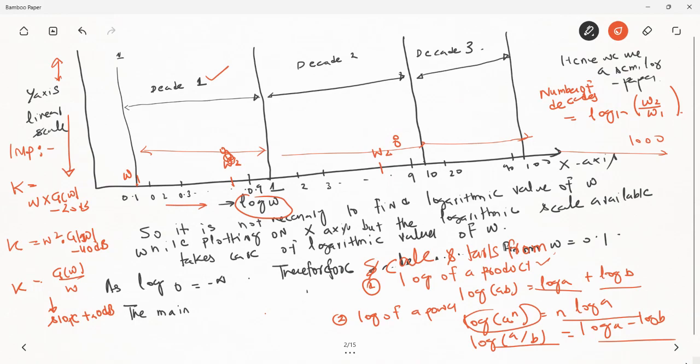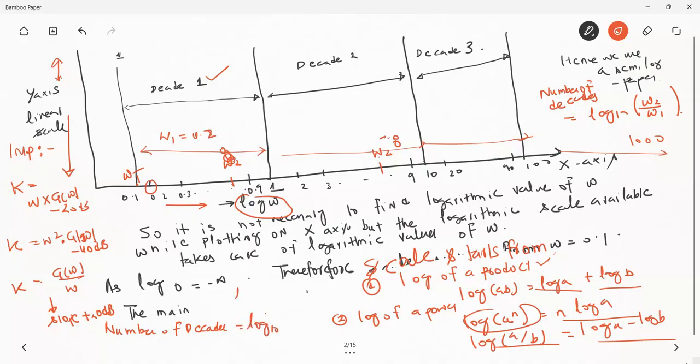But here one important formula you need to understand. For example, you have a frequency, let's say this frequency omega 1 is 0.2, okay? And you have another frequency, let's say omega 2 is 0.8. If you have to calculate the number of decades that have passed between them, it is given as log to the base 10.